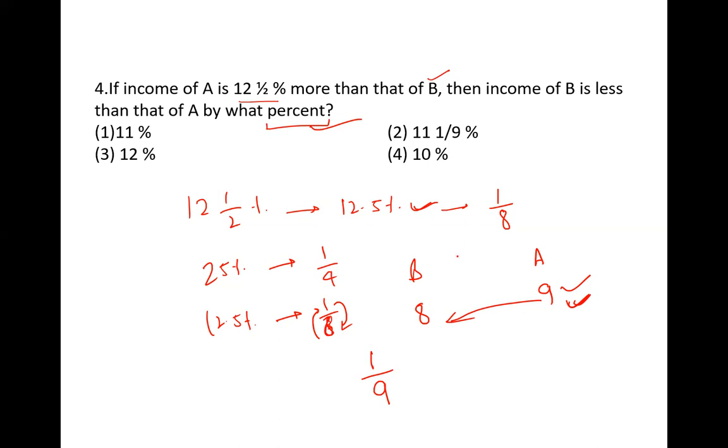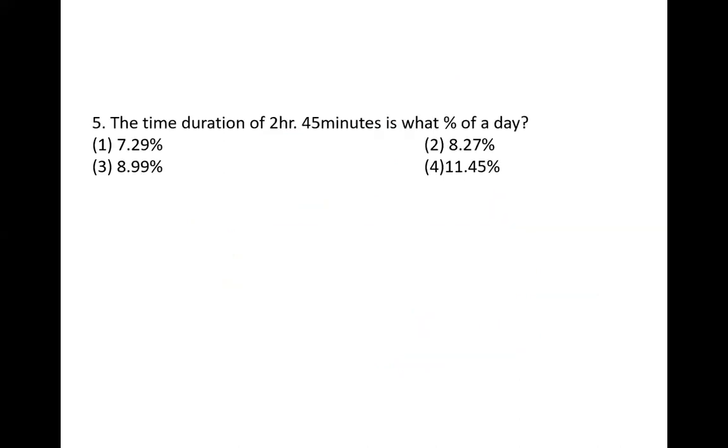Out of 100. So B is 1 less if A is 9. So if you need to find the percent, we'll calculate out of 100. It becomes 11 1/9%. Right? So option number second is the correct option.